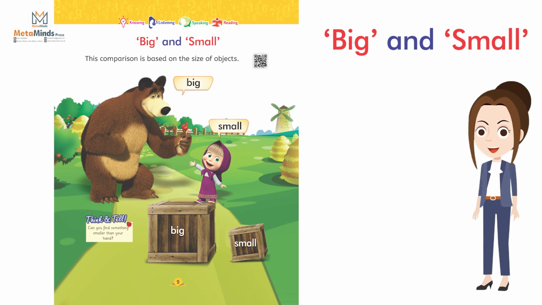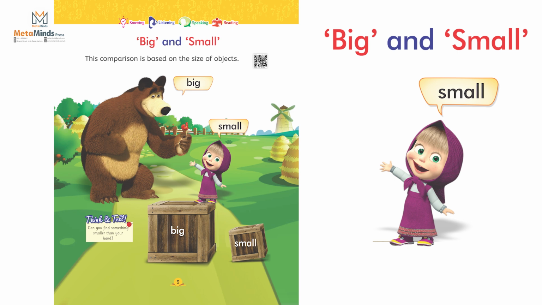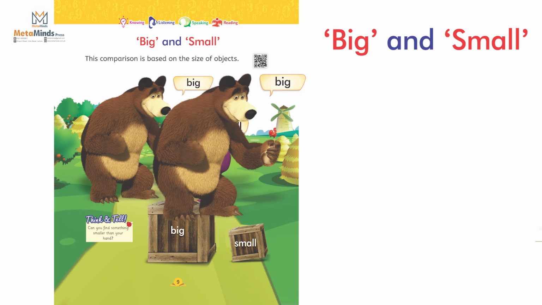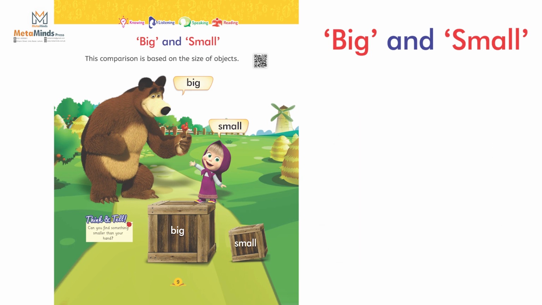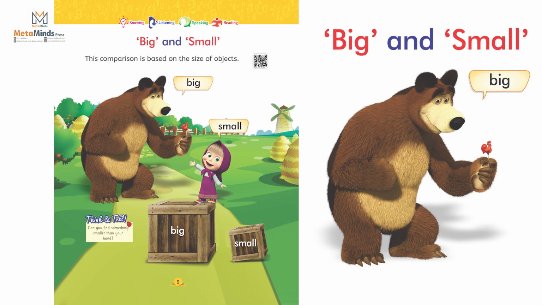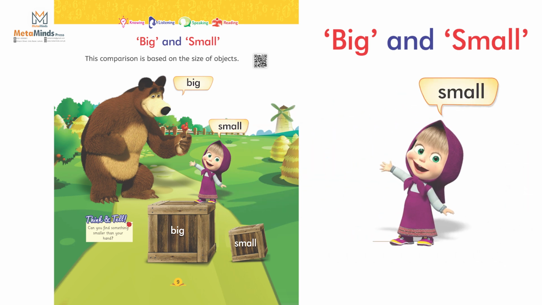So here, can you see what is on the page? It's a very famous cartoon character, Masha, and her friend the bear. Okay, so we are going to compare them. Who is big? Yes, the bear is big and Masha is small.